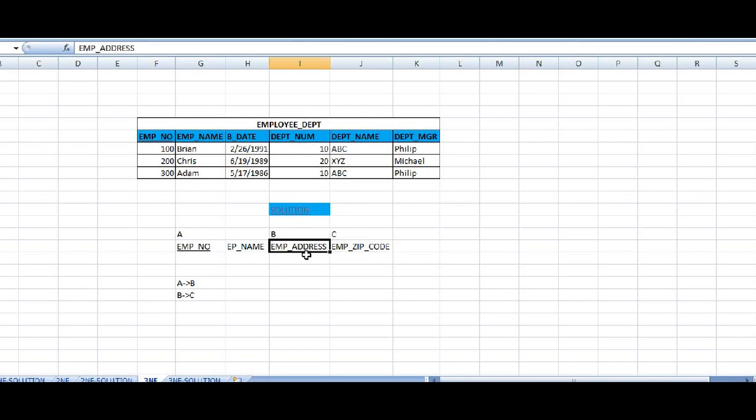So if you see this kind of scenario, you have to split that table so that this kind of dependency is eliminated.